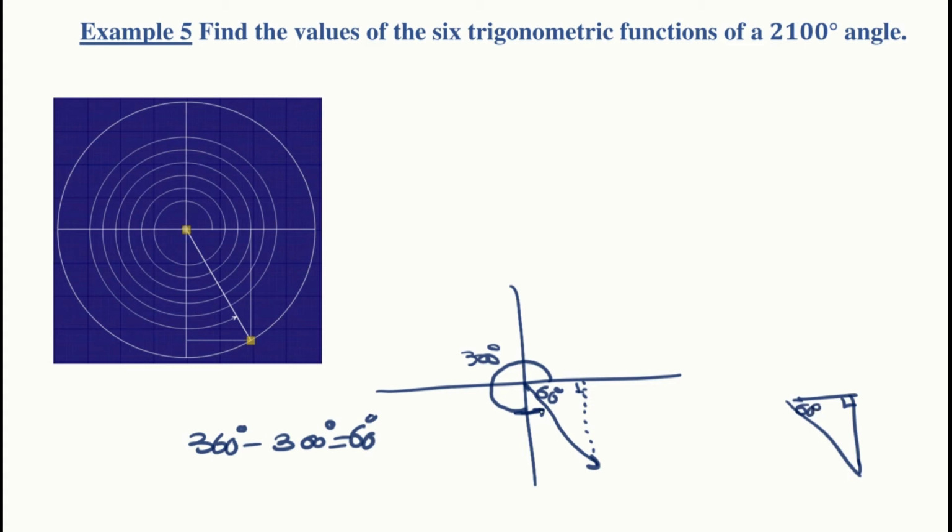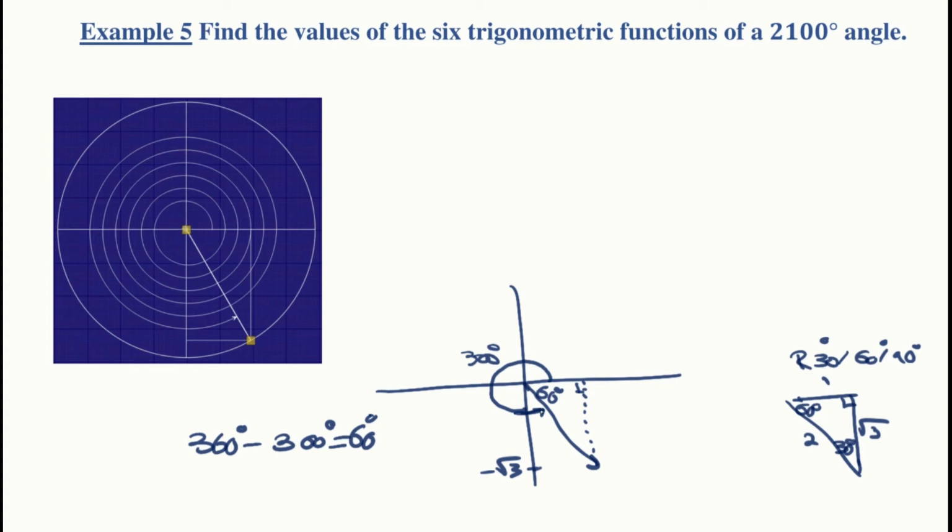That's going to be 60, that's going to be 30. I know opposite 30 is in the reference. Remember, this is the reference, 30, 60, 90. So opposite 30 is 1, opposite 60 is square root of 3, and opposite the 90 is 2. So over here, I'm going to get that 2, but remember, this is going to be negative square root of 3 over here because it's below the x-axis.